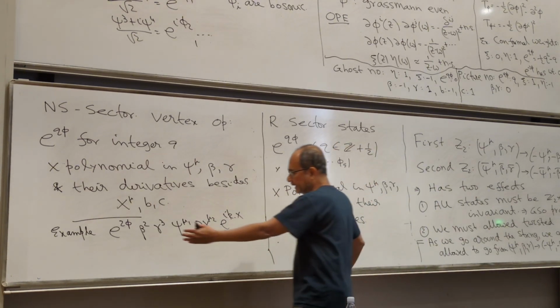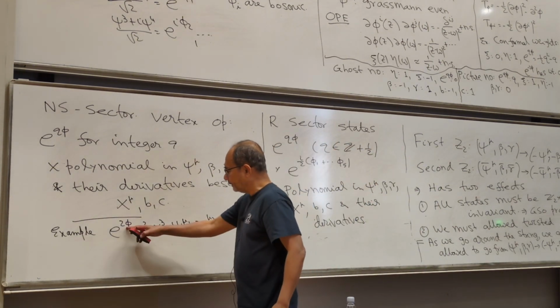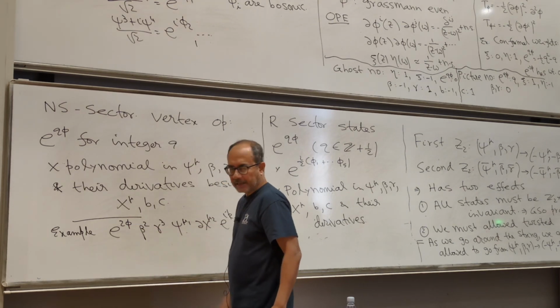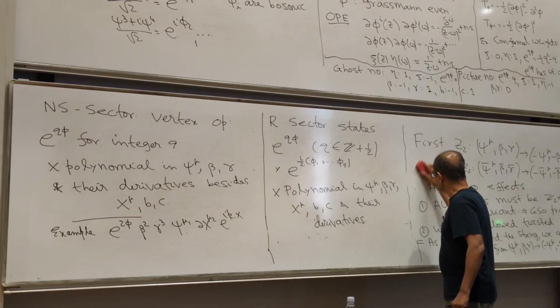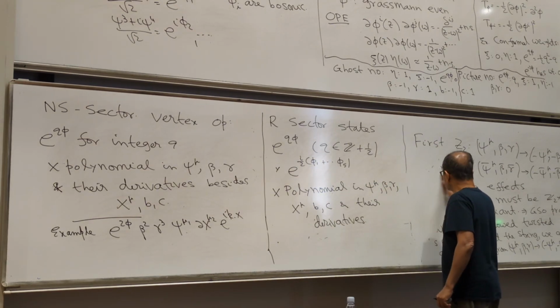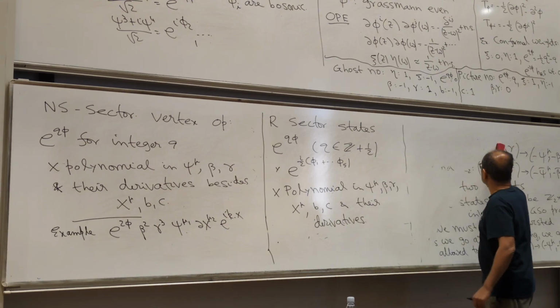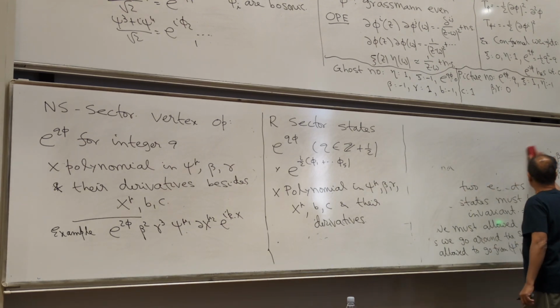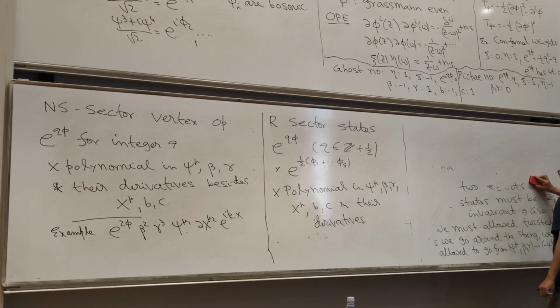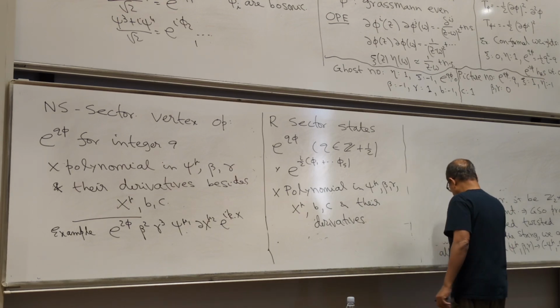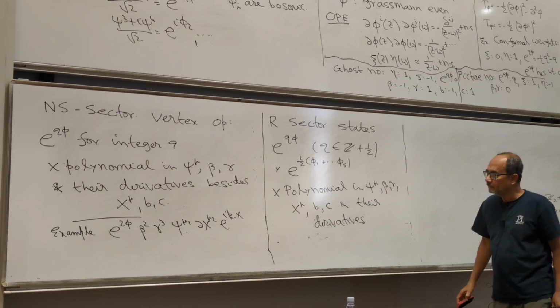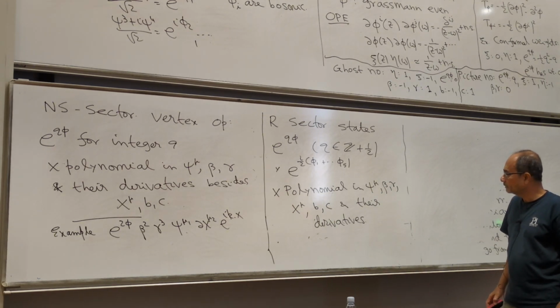So you can write a similar expression here, except that here you replace e to the 2 phi by e to the say half phi, and then you also have to multiply by this. So you already wrote polynomial in phi, then also you had the degree for i by 2 phi 1 plus i phi 1 to phi 1.